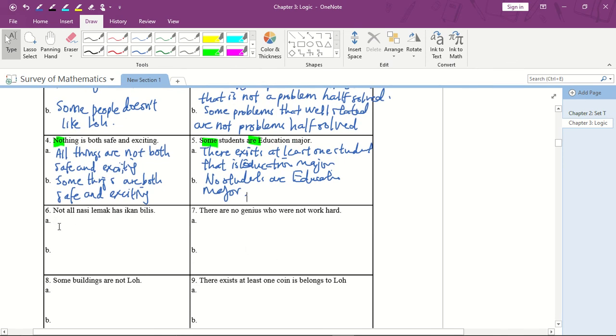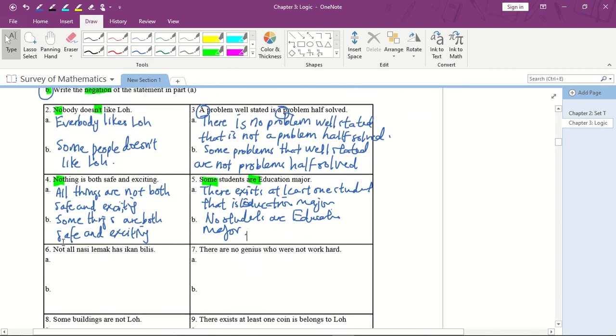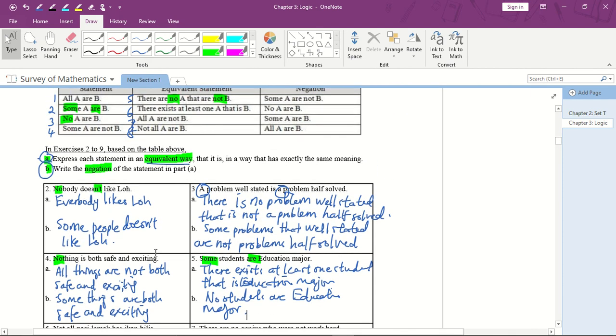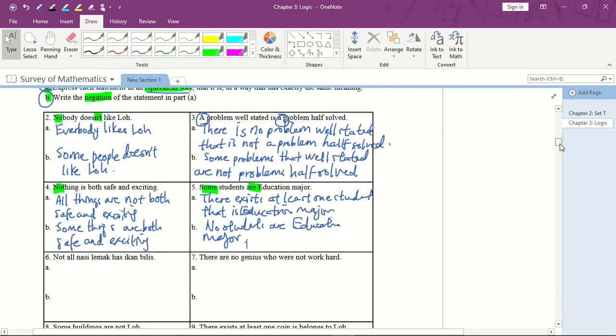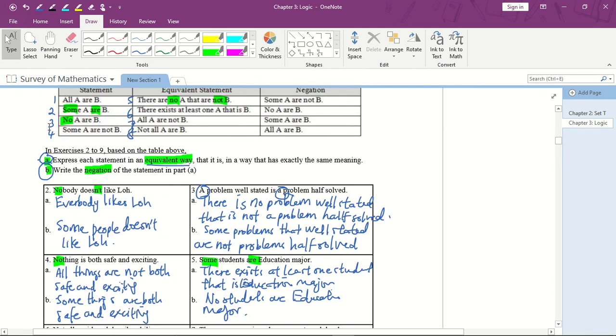Not all nasi lemak has ikan bilis. Okay, so let's look at the statement here. Try to look at this table and try to figure out which statement above it is. Not all nasi lemak has ikan bilis.